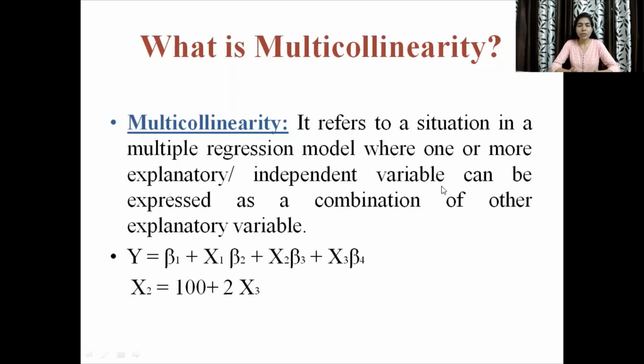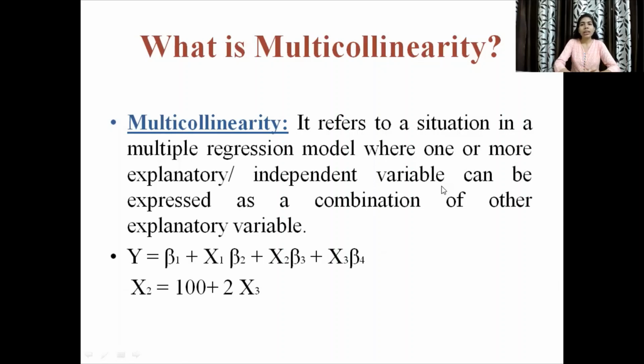Let's say x2 can be written as x2 is equal to 100 plus 2x3, which is just a hypothetical example. So in that case, x2 and x3 are related with each other. So there are high chances that there is a high degree of correlation between these two independent variables, x2 and x3. So in that case, there may be presence of multicollinearity in this multiple regression model.